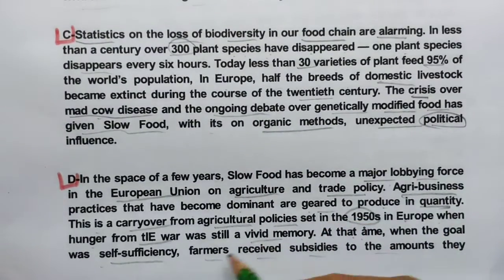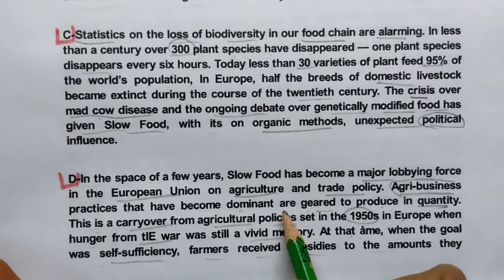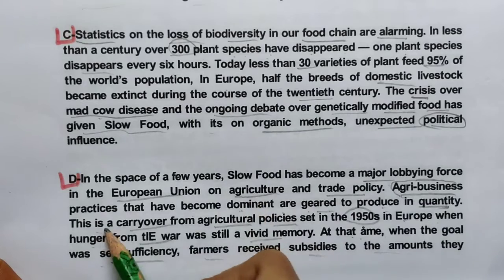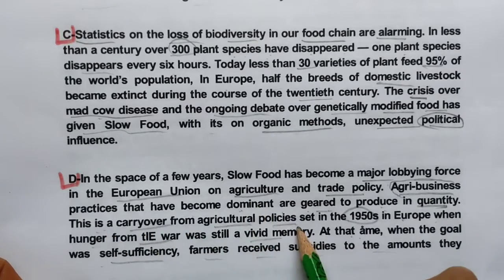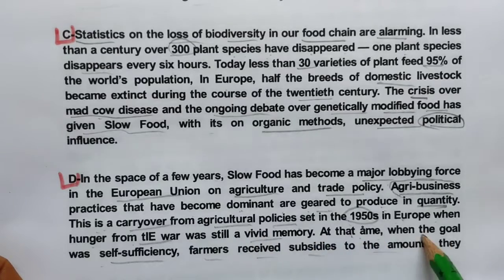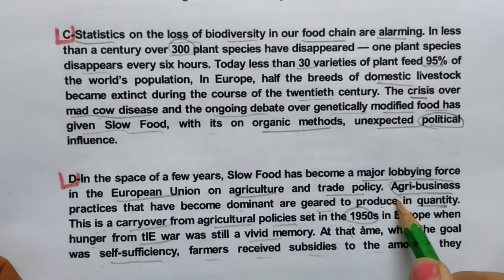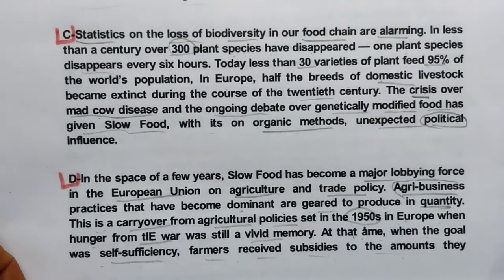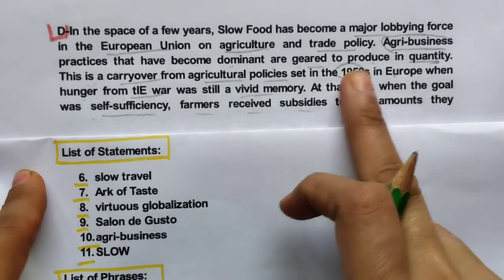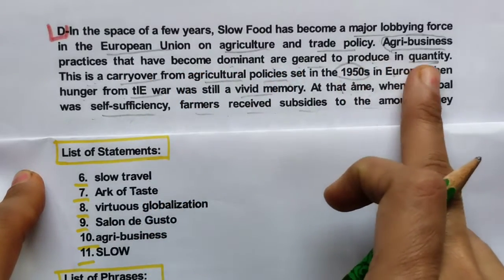Agribusiness practices, okay, this is again, agribusiness practices that have become dominant are geared to produce in quantity. This is a carryover from agriculture policies in Europe when hunger, at this time, when the goal was farmers receive subsidies, okay. So next paragraph. Yes, agribusiness, when they are talking, practices that have become dominant are geared up to produce in quantity.